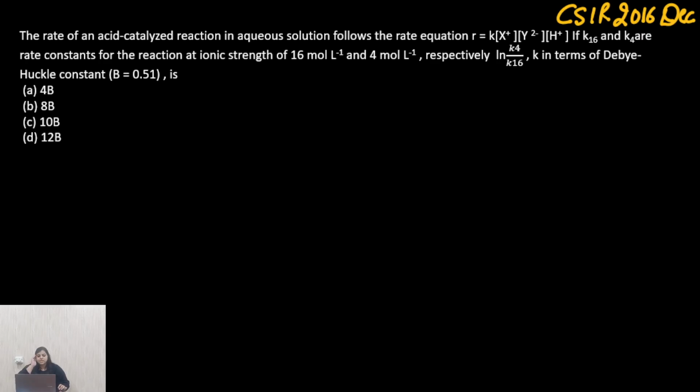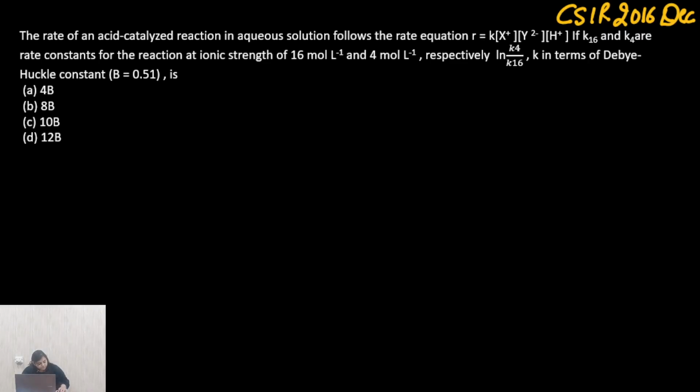The question says the rate of an acid catalyzed reaction in aqueous solution follows the rate equation. This rate equation is given. If K16 and K4 are the rate constants for the reactions at ionic strength 16 moles per liter and 4 moles per liter respectively, what is this ratio, that is natural log of K4 to K16, where K is in terms of the Debye-Huckel constant, that is B?